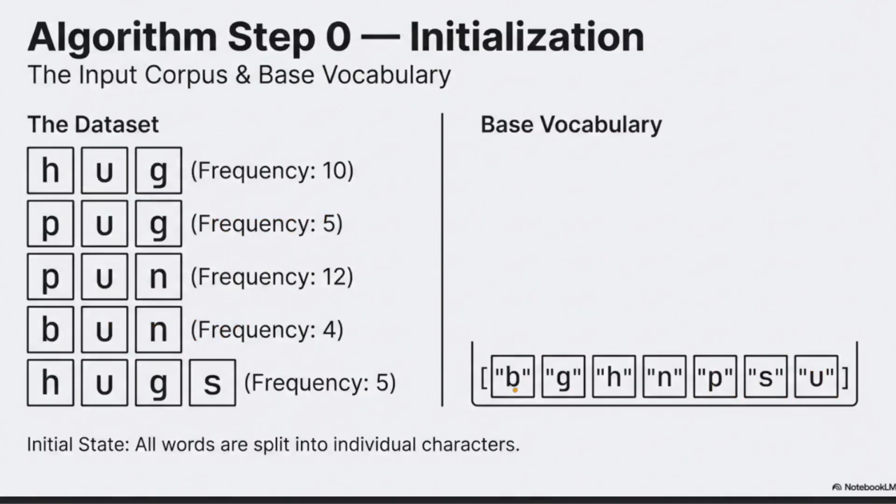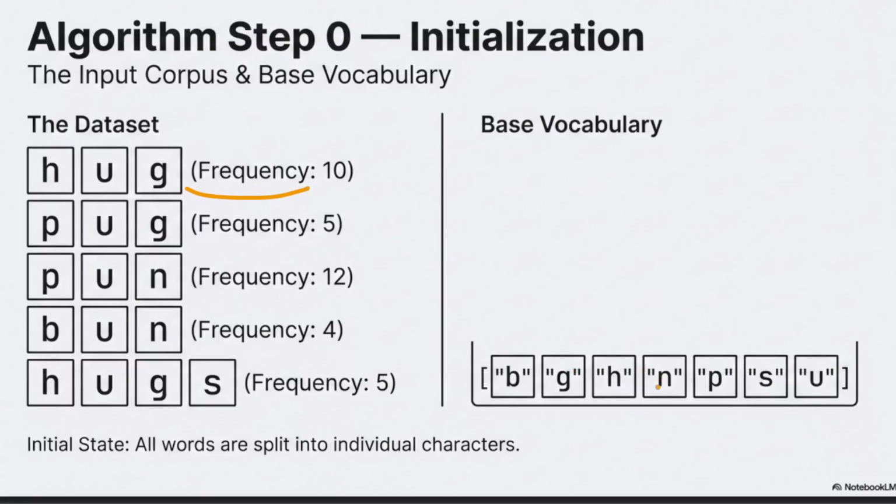Let's walk through the training process manually. Imagine this is our entire dataset. We have words like hug, pug, pan, along with how many times they appear, or the frequency. The first step is to look at these words as sequences of individual characters.